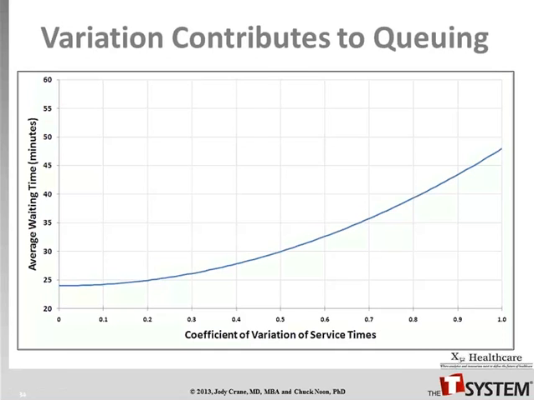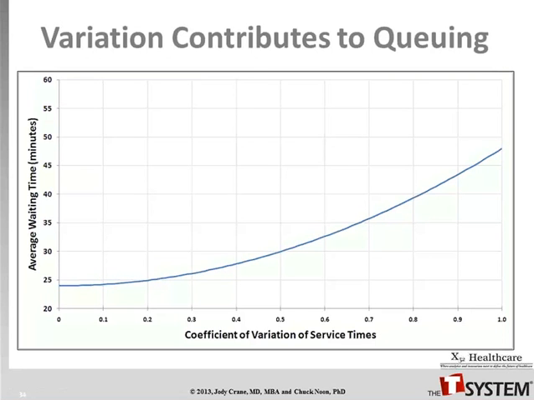So the key take-home message from the queuing perspective is the more variation you have in your system, the more difficult time you're going to have providing real responsive service. And it turns out as variation increases in your system, your patient delays and your average wait times are going to go up exponentially.